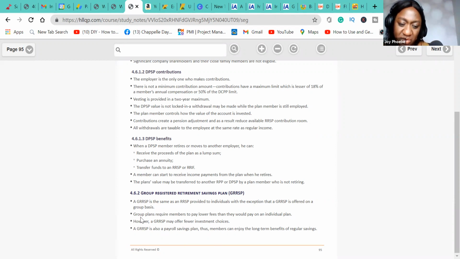So group plans require a member to pay lower fees than they would pay on an individual basis. However, group registered retirement savings plans may offer fewer investment options.